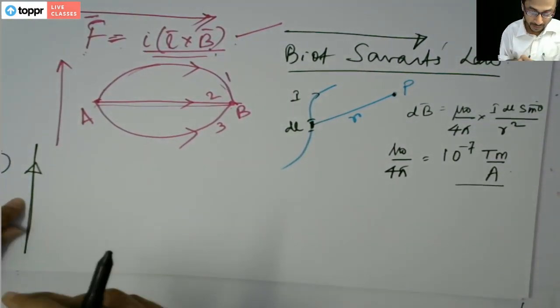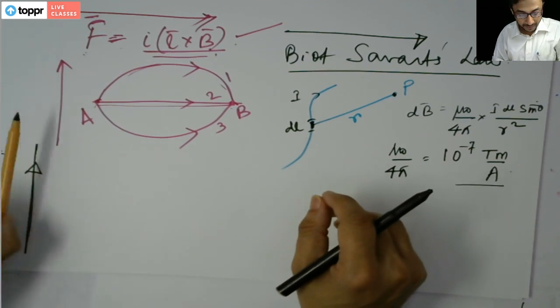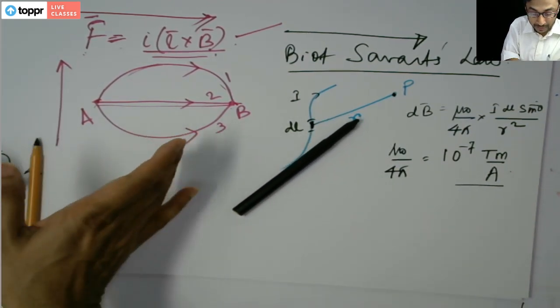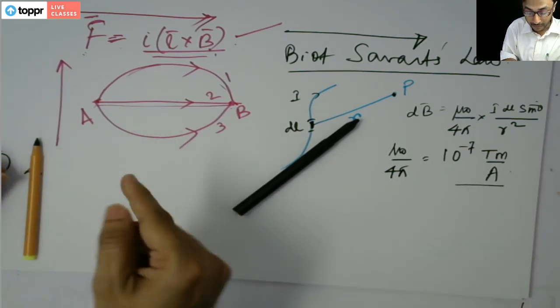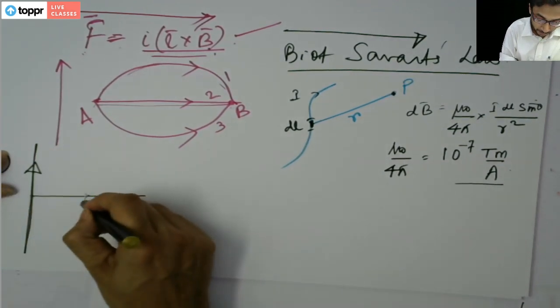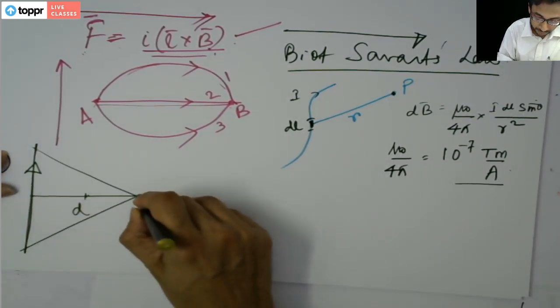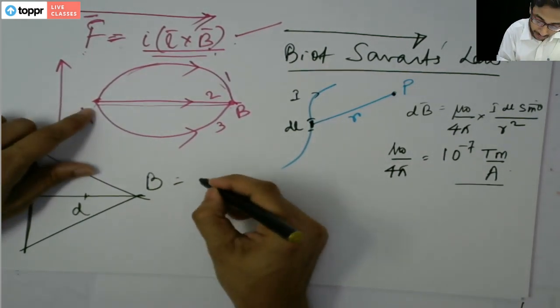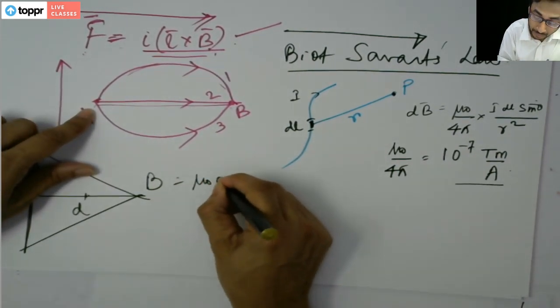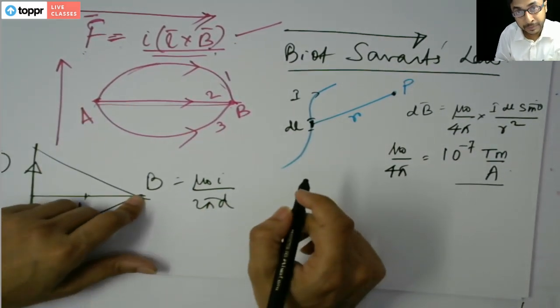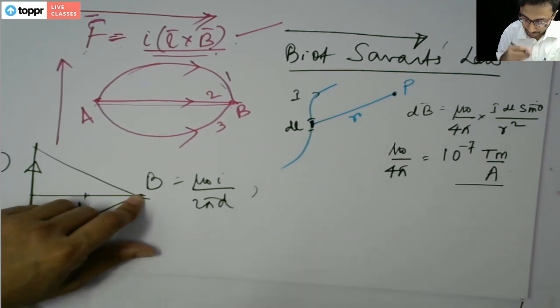If this is the current and we put our thumb like this, the magnetic field will be around it in a circular fashion, right? At a point at distance d, what will be the magnetic field B? B is nothing but mu0 I by 2 pi d, right? Mu0 I by 2 pi d.